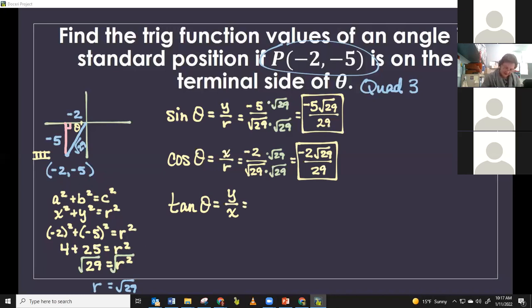Third quadrant, tangent is positive. What will our tangent value be? Five over 2, yes.